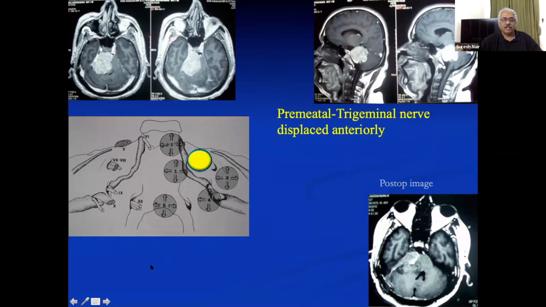Rest of the nerves are displaced posteriorly. So the 5th nerve location will correctly tell whether it is premeatal or true petroclival. True petroclival will displace the 5th nerve posteriorly. Premeatal will displace the 5th nerve anteriorly.